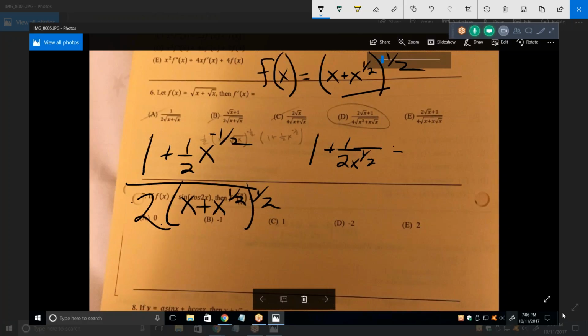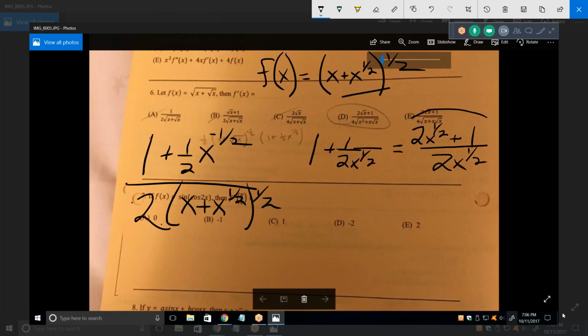So the new common denominator is 2, and this is just for the numerator. Well, for that to be 1, it's got to be 2x to the 1/2 plus 1. You see where that's true? Now notice that everything is in terms of positive exponents.